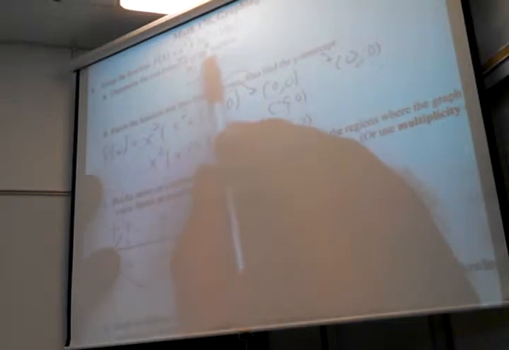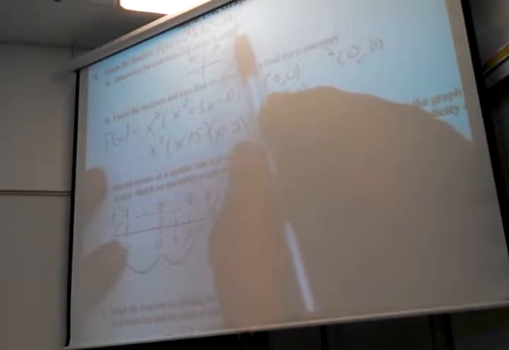So f of 1 would be, if we put it up here, 1 plus 3 minus 10, negative 6. And f of negative 2 would be 16 minus 24 is negative 8, minus 40. Did I do that right? Negative 48? Sweet.